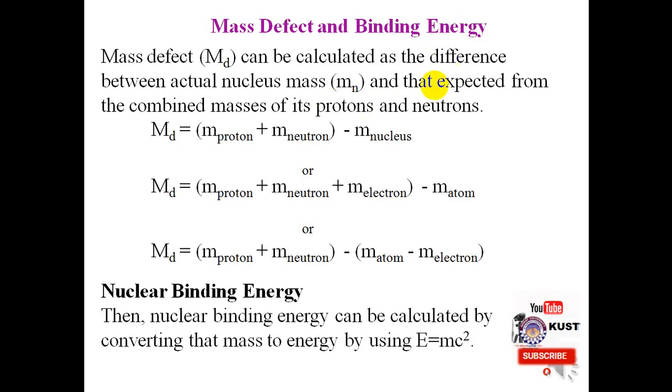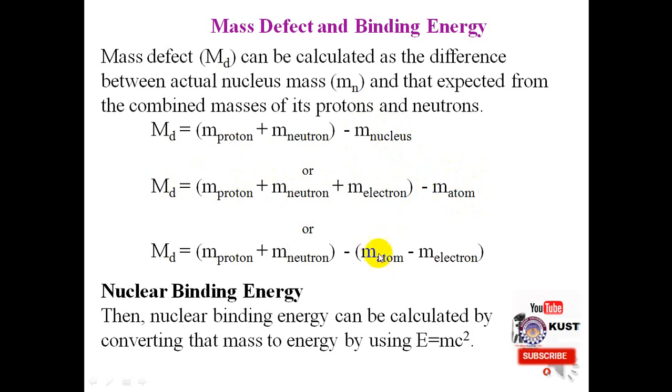So mass defect is equal to the combined mass of all protons present in the nucleus and the combined mass of all neutrons present in the nucleus, minus the mass of the nucleus.